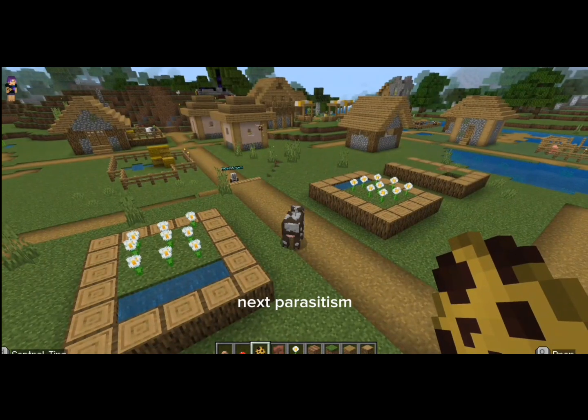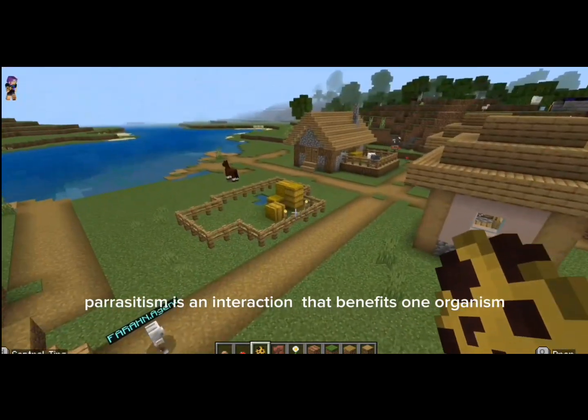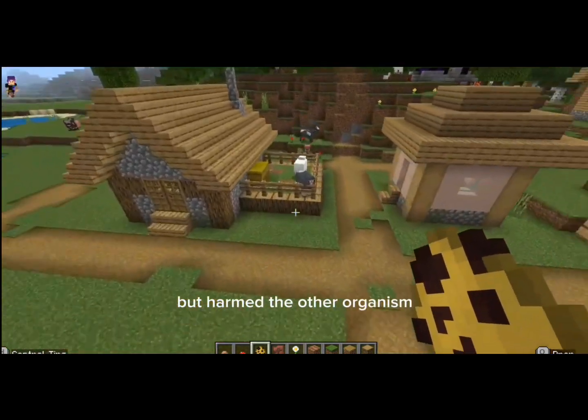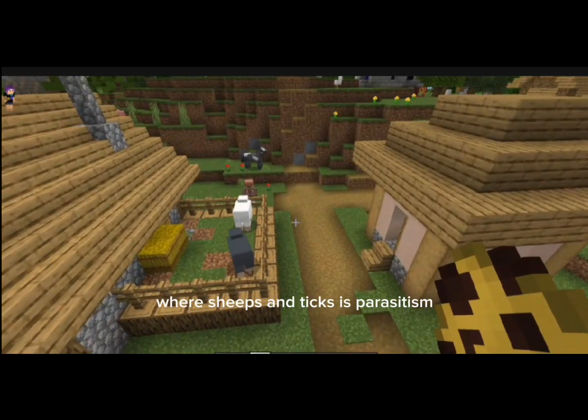Next, parasitism. Parasitism is an interaction that benefits one organism but harms the other organism. So here I have my sheep, where sheep and ticks have a parasitic relationship: the tick benefits by feeding on the sheep's blood, which provides it with nutrients, and the sheep is harmed because ticks can cause irritation, blood loss, and can also transmit diseases that affect the sheep's health.